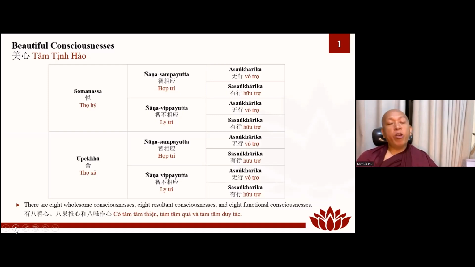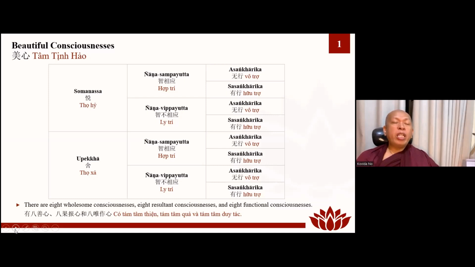Actually, we have already learned these 2 types of feeling in greed-rooted consciousnesses. Then here we have 2 more analyses. The first one is nana sampayutta, associated with knowledge. The second one is nana vippayutta, dissociated from knowledge or wisdom.